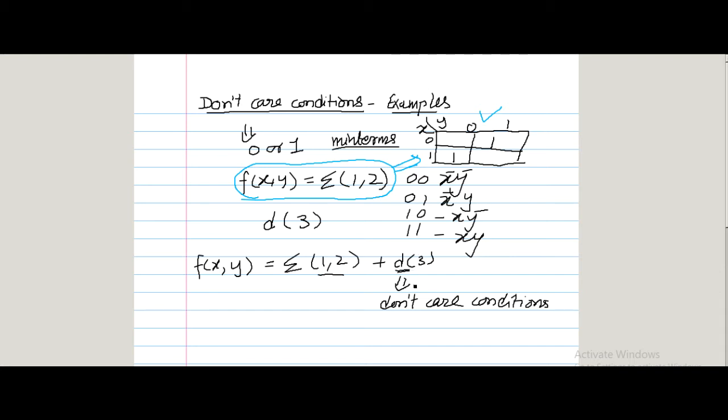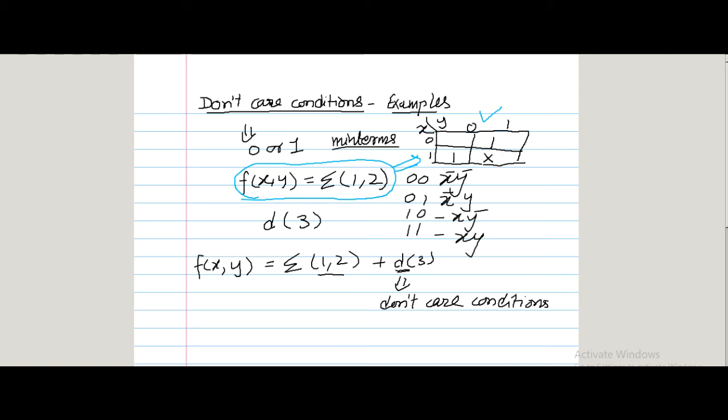So the question is how to use this don't care condition in this Karnaugh map. The don't care condition is for cell 3. Cell 3 is 1 1. So for 1 1 we have don't care conditions.